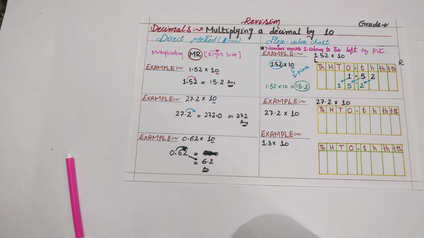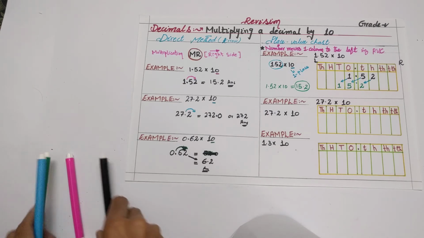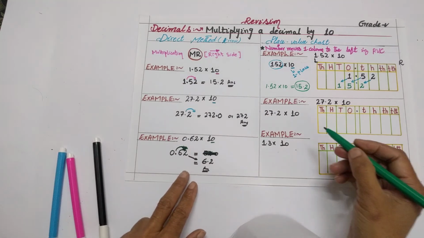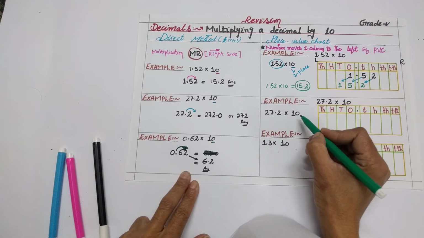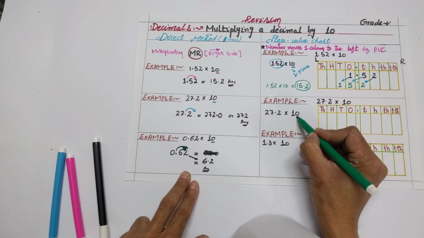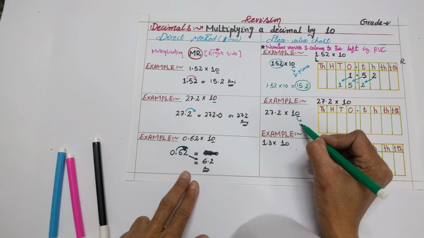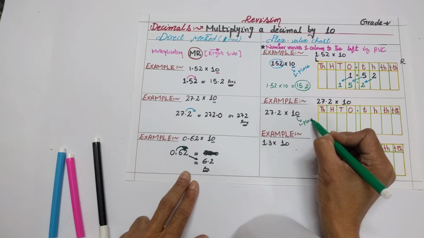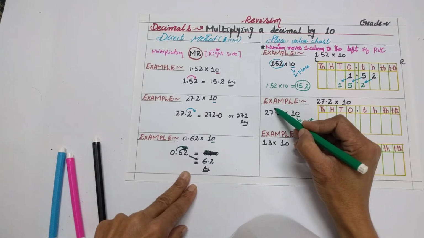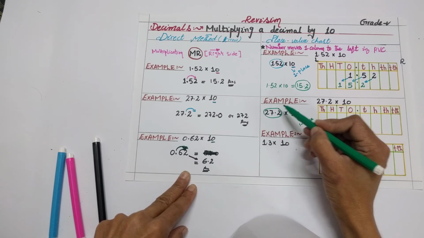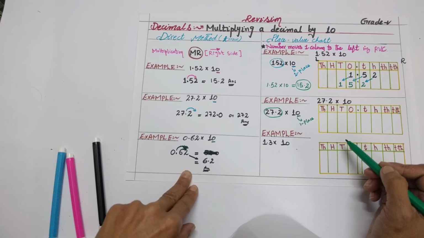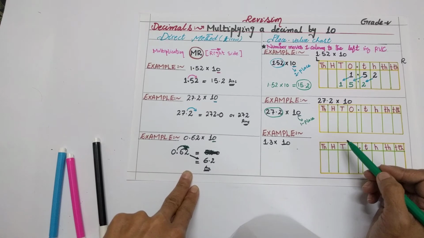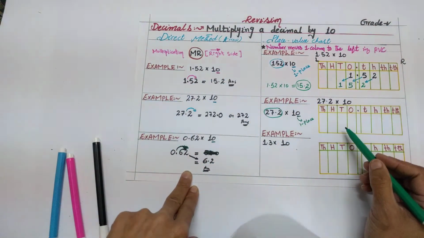27.2 by 10. So how many zeros in 10? We have only 1 zero in 10. So again it's one place. So we will move our given number 27.2 by one column to the left side in the place value chart.